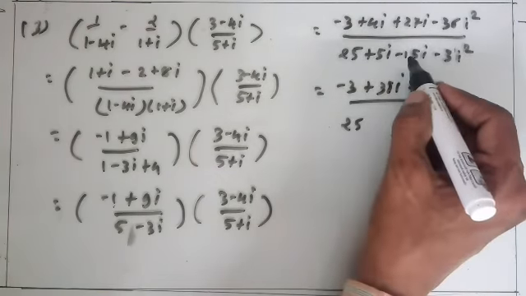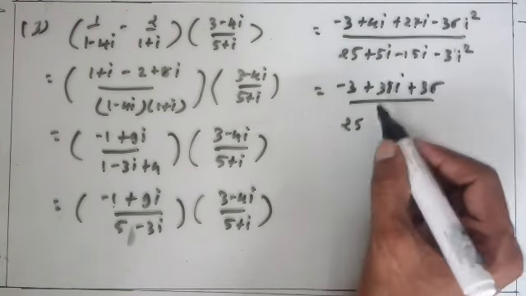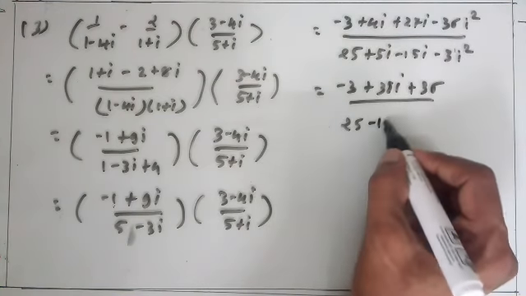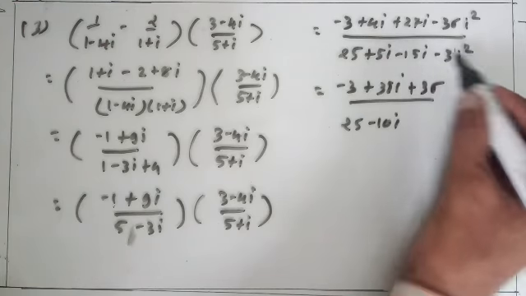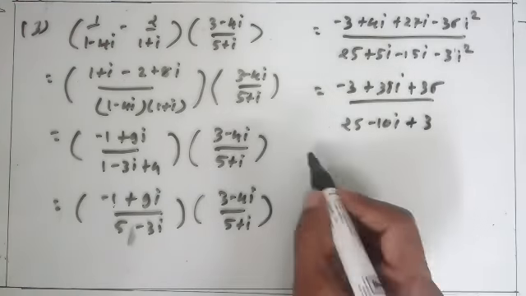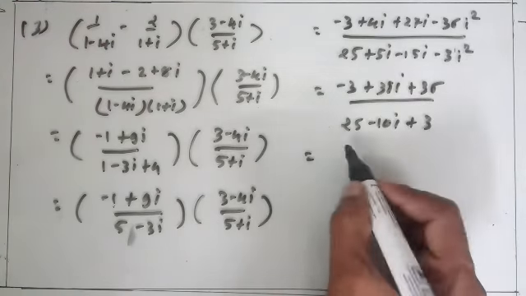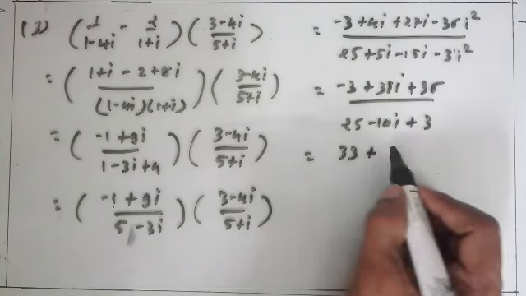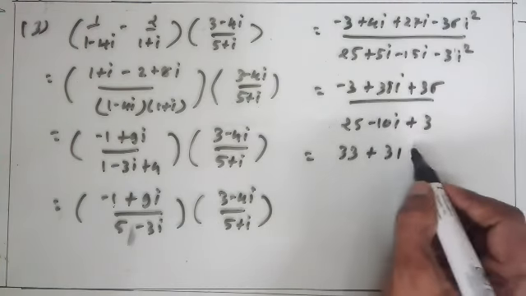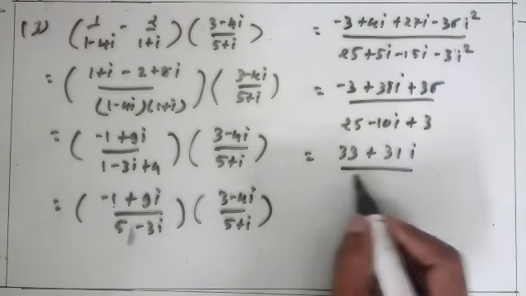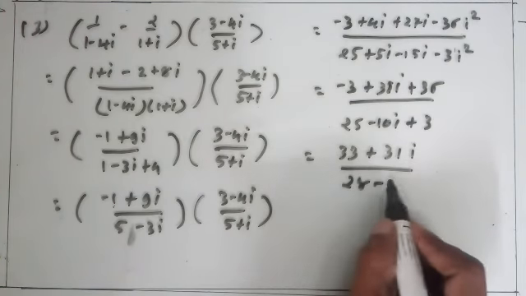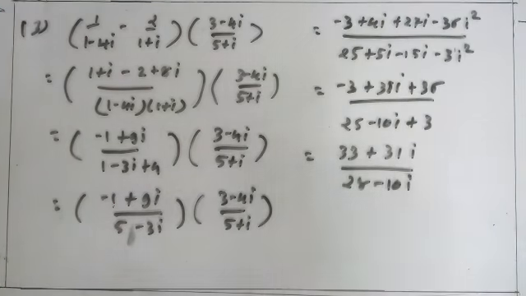Here minus 15i plus 5i becomes minus 10i. i square equal to minus 1, into minus 3 becomes plus 3. So this is equal to 33 plus 31i upon 25 plus 3, 28 minus 10i.